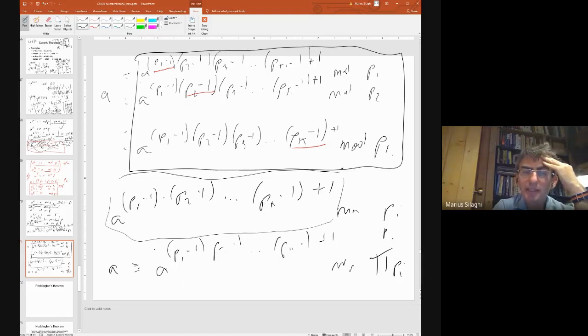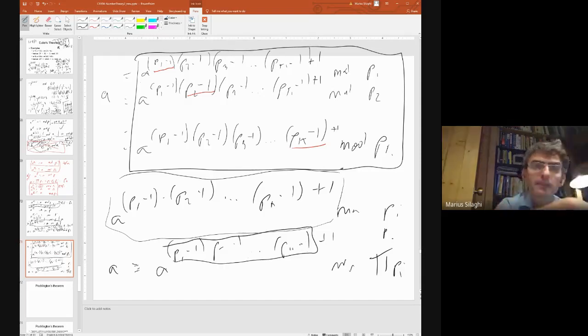So otherwise saying, this number, and what is this number? P1 minus 1 times P2 minus 1 times P3 minus 1 and so on. It's nothing else but Euler's totient of the product of all the prime numbers. Because that's P1 minus 1, that's Euler totient. So we obtain the RSA generalization of Euler theorem that says that A to the power of a multiple of Euler totient of n, right?